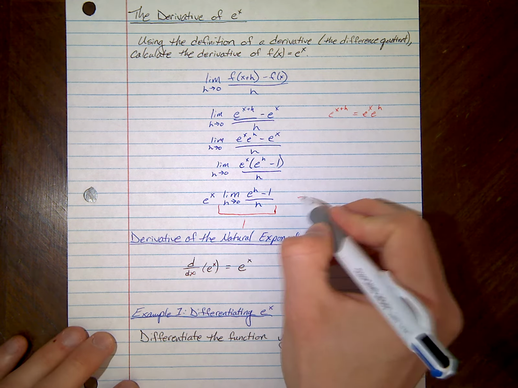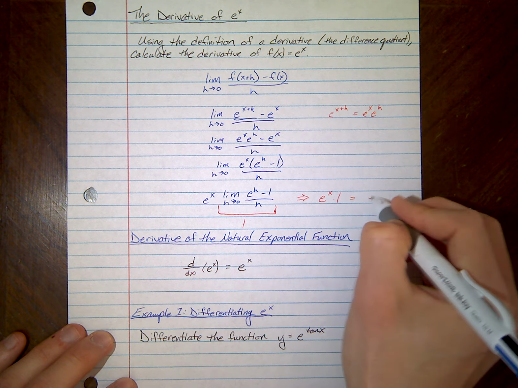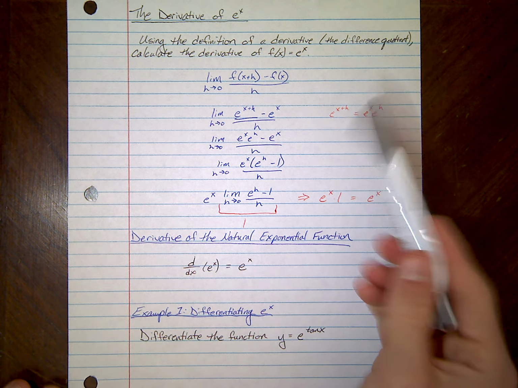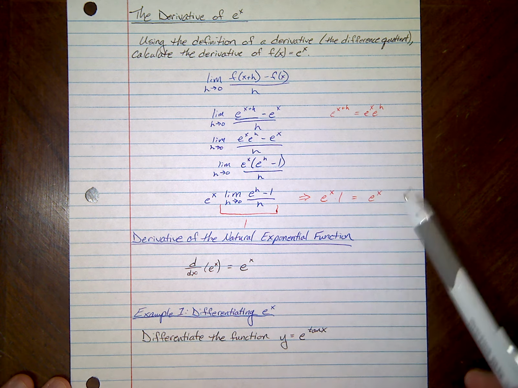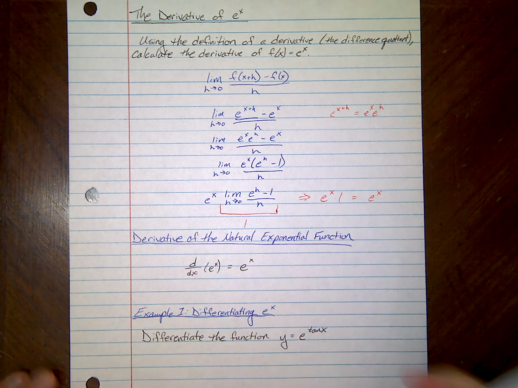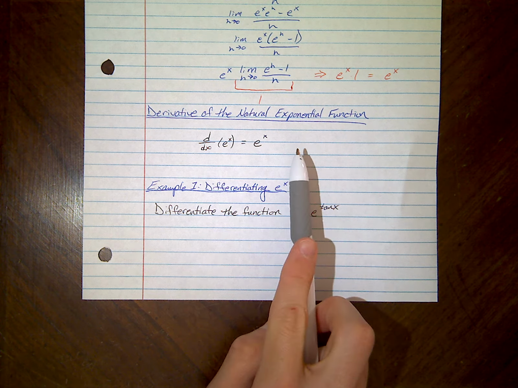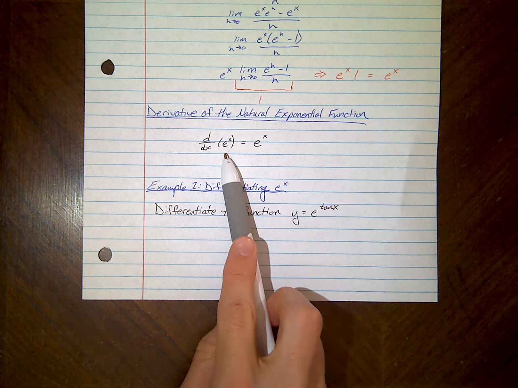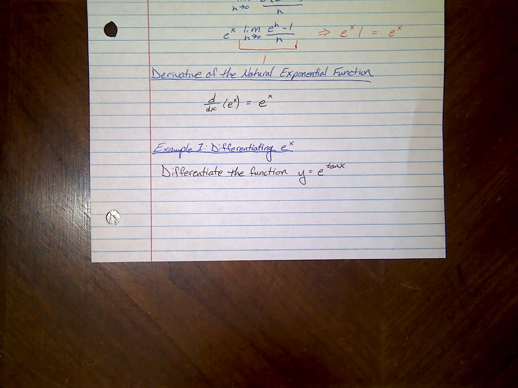So what we're left with is just e to the x times 1, which is just e to the x, which is crazy to think about, that the derivative of e to the x is e to the x, and that's what we're saying right here. Okay, so the derivative of the natural exponential function, the derivative of e to the x, is e to the x. Okay, that's what you need to know.